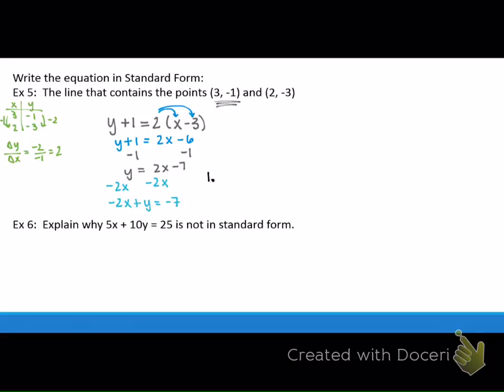So 1 says, are there fractions or decimals? So are there any fractions or decimals? No, so we're good there. Is your A value negative, Alb? Yeah, so how can we get rid of that?